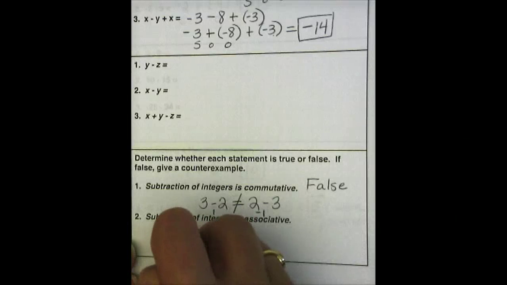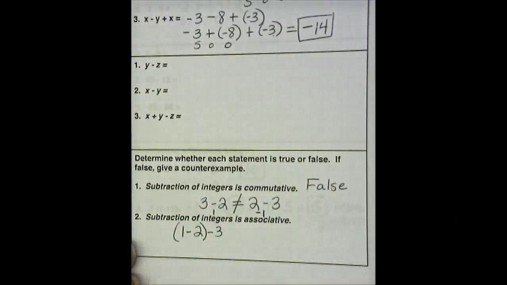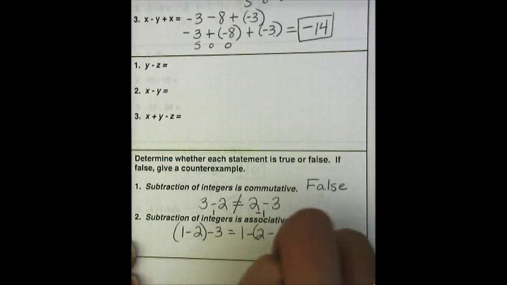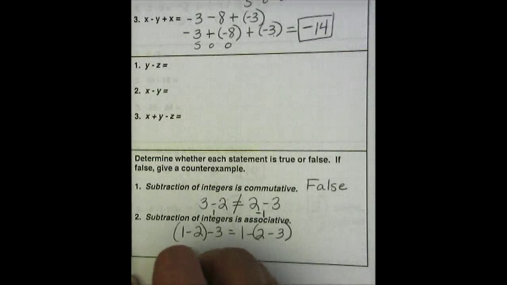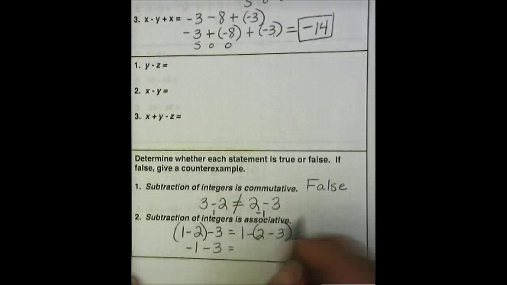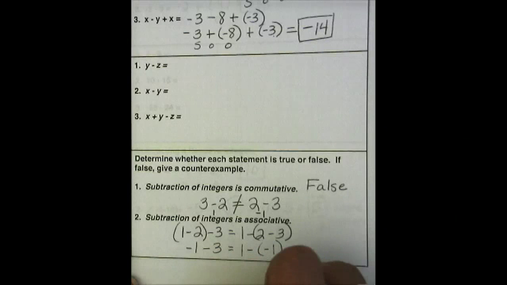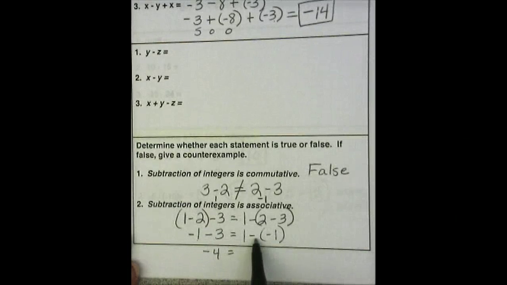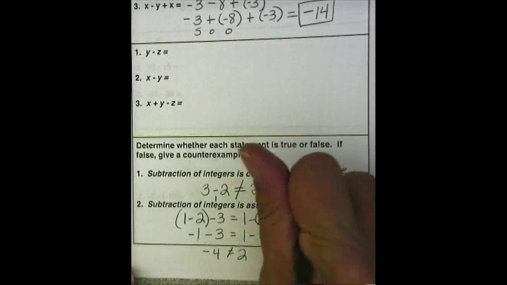Let's say 1 minus 2 minus 3, and let's put parentheses around the 1 minus 2, and then 1 minus 2 minus 3, and put parentheses around the 2 minus 3. 1 minus 2 is negative 1 minus 3. 2 minus 3 is negative 1. Negative 1 minus 3 is negative 4, and 1 minus negative 1 is 2. So that does not work. So that is false.